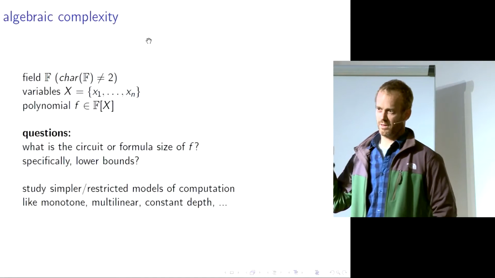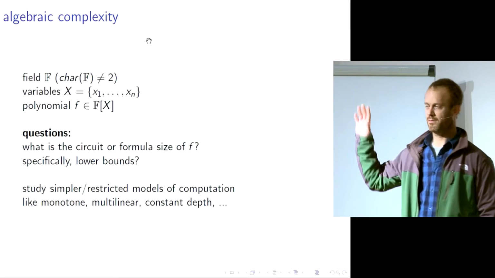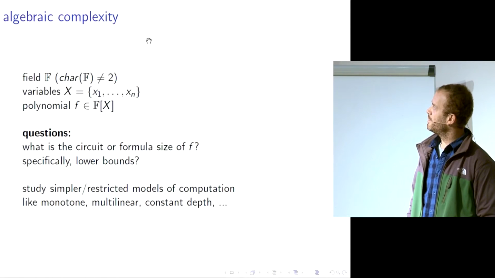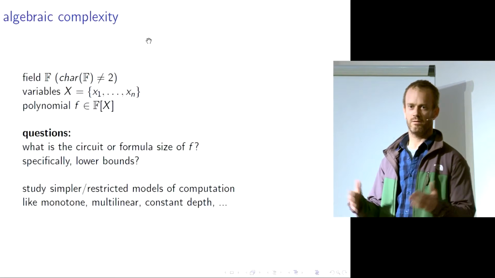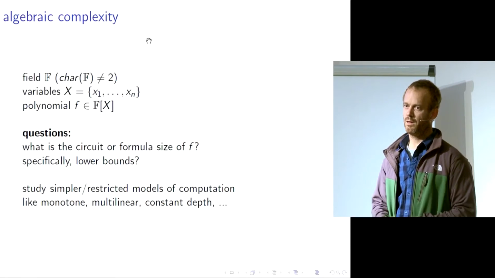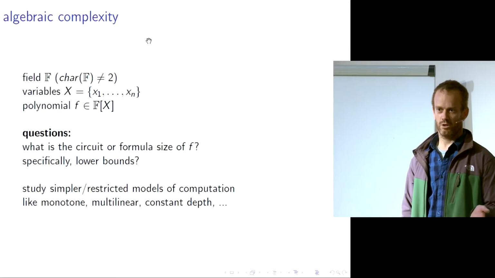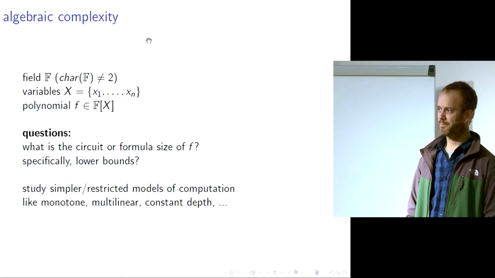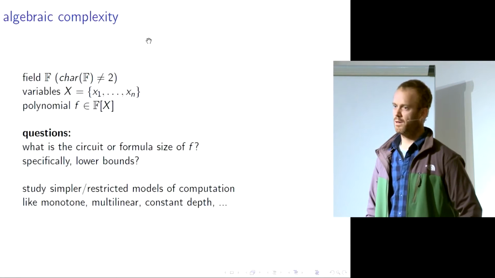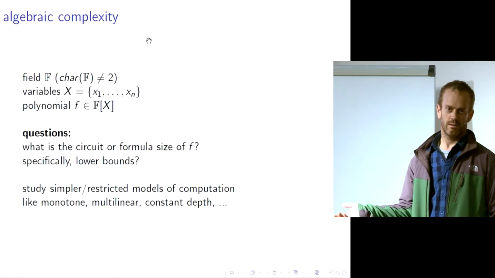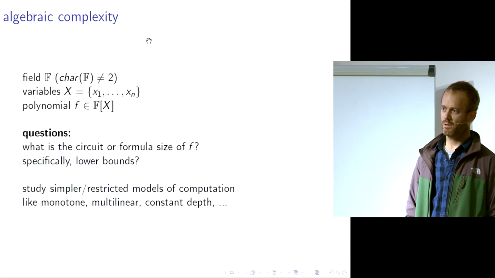So this is a very high-level slide. In algebraic complexity, there is some polynomial, and we want to understand its computational complexity, like what is the formula size or what is the circuit size. And this turns out to be difficult for us for now.